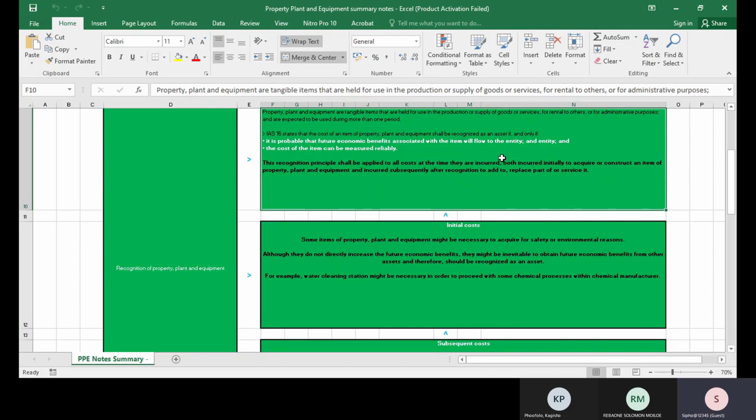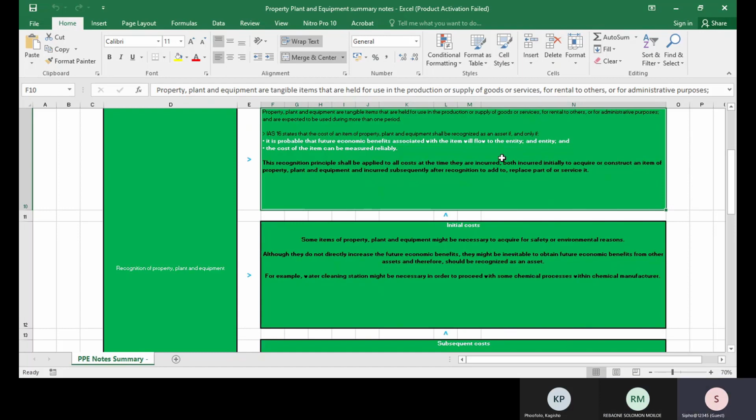You see, the cost of an item can be measured reliably. Let me ask you about that one. How can you measure the cost reliably? How can you measure the cost of the item reliably? Remember, I said we bought a plant for 1,000, right? How can you measure this cost reliably?